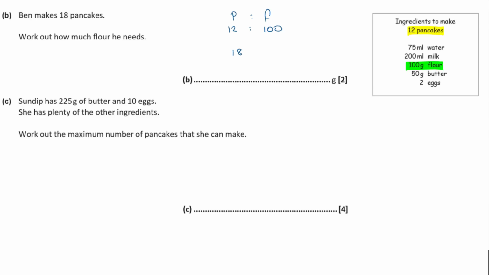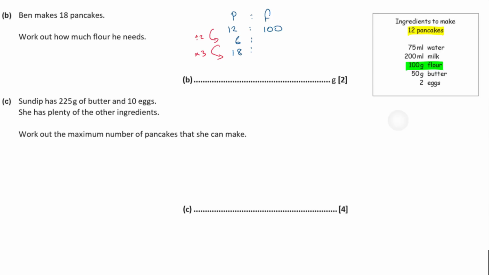I can't just multiply 12 by something to get 18, but I can go by a stepping stone to make the maths a little bit easier. So if I first find out how much it is to make 6 by dividing by 2, I can then scale that up by a factor of 3 to find 18. I think that's going to work easier with my 100 on the other side, isn't it?